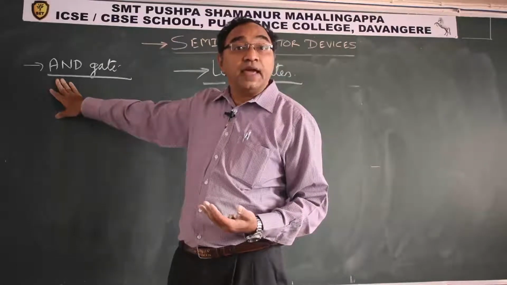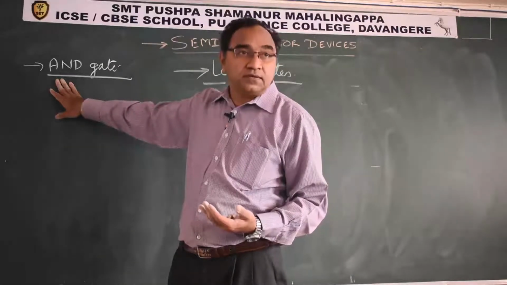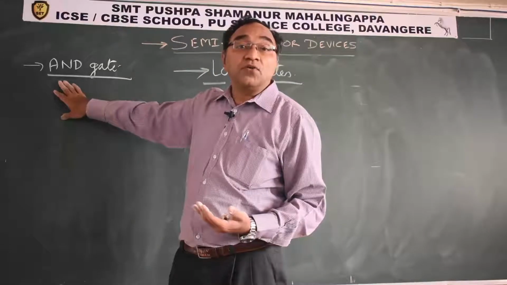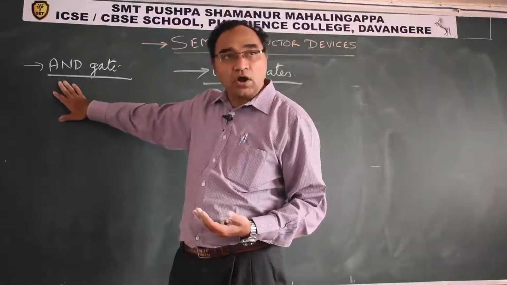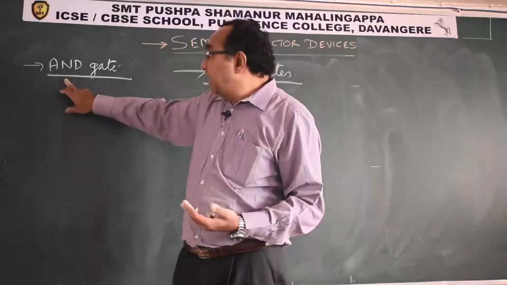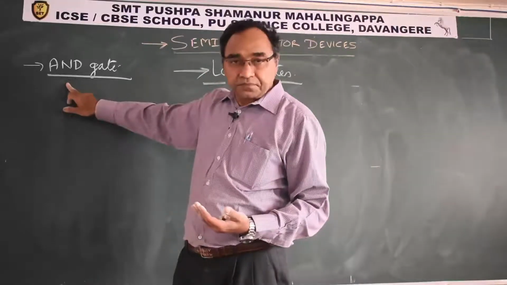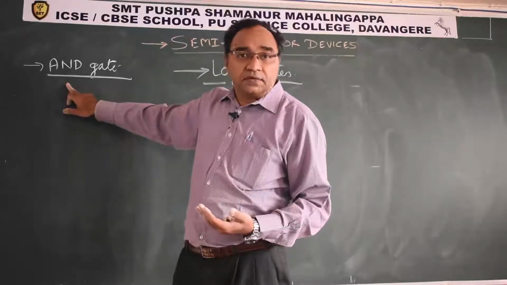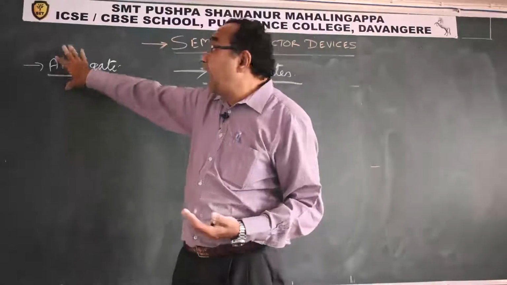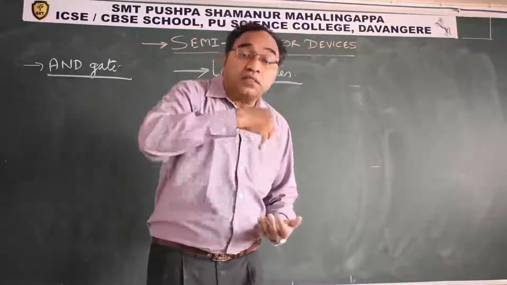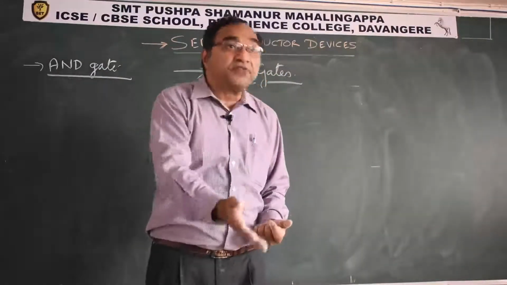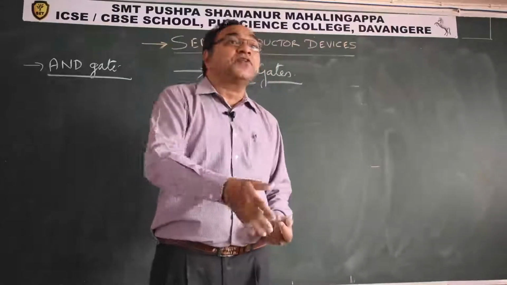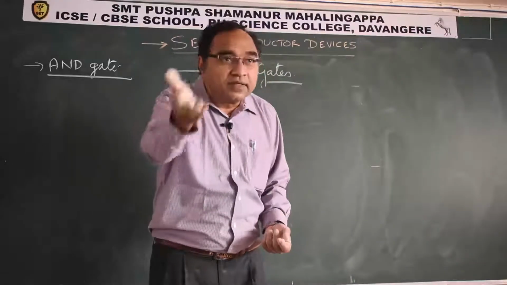OR is union, A or B you read, union. In De Morgan's law, A union B, that is OR. And AND is intersection, so common. This means in AND, if this condition and this condition and this condition all are true, then only there is output.